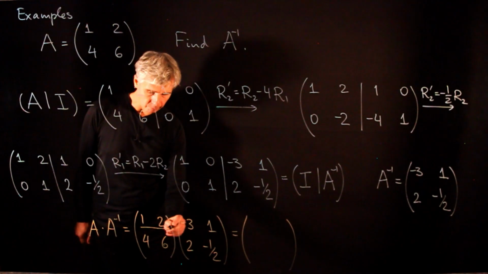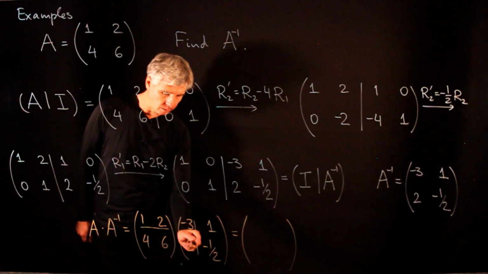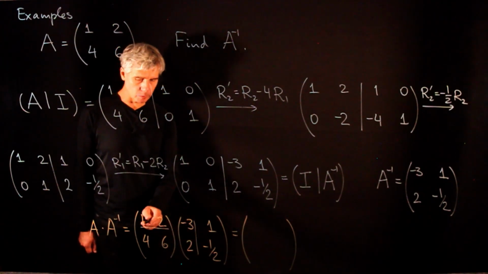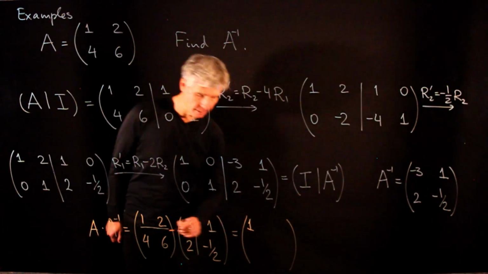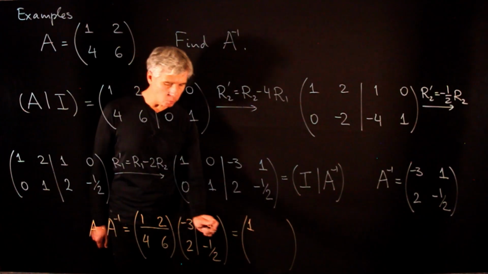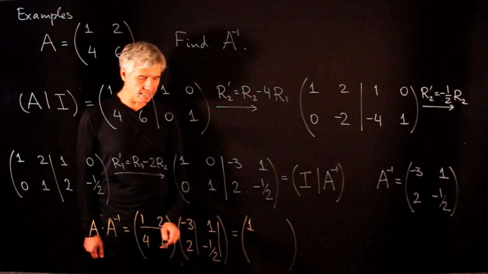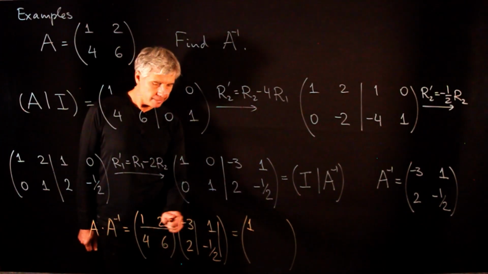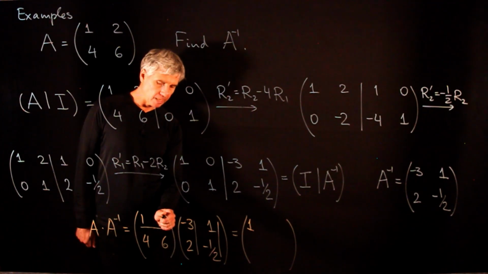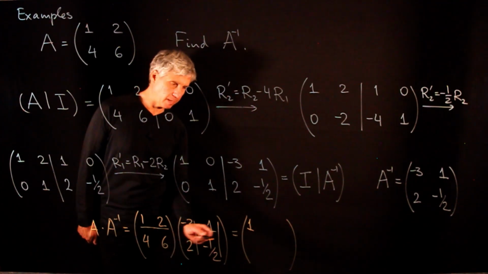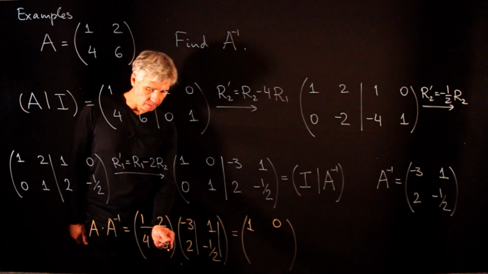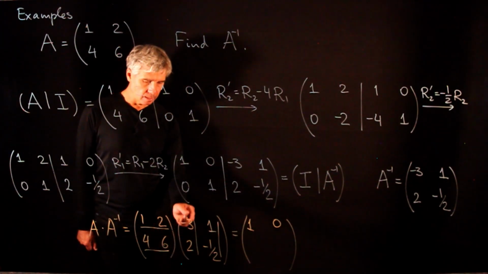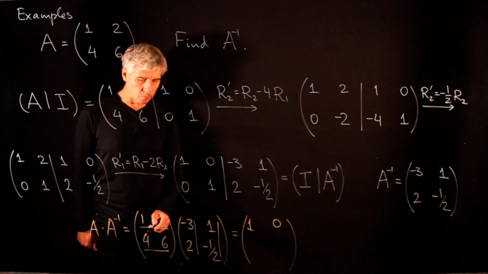So we take the first row and take the dot products with the first column. So we have negative 3 plus 4. That's 1. Now we take the first row and take the dot product with the second column. So we have 1 plus 2 times negative 1/2. So that's 0. Now we take the second row, 4, 6, and take the dot product with the first column.